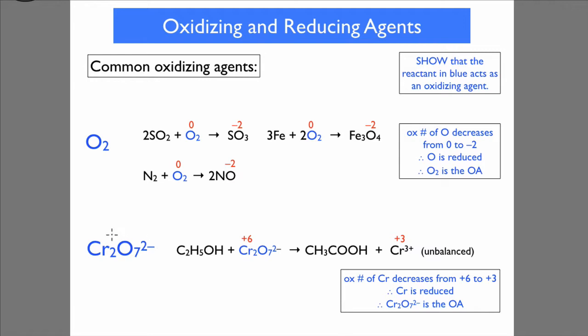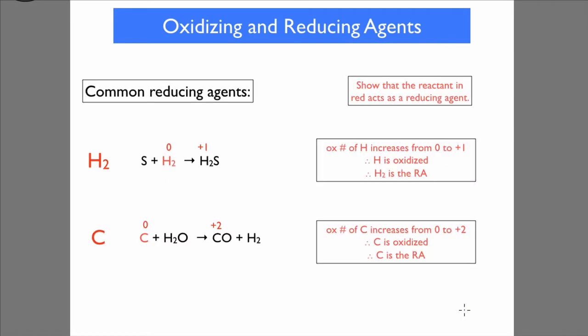With the dichromate ion, you've got chromium with an oxidation number of +6 going to an oxidation number of +3. So the oxidation number of chromium decreases from +6 to +3, therefore chromium is reduced, therefore the dichromate is the oxidizing agent. Let's look at these reducing agents.